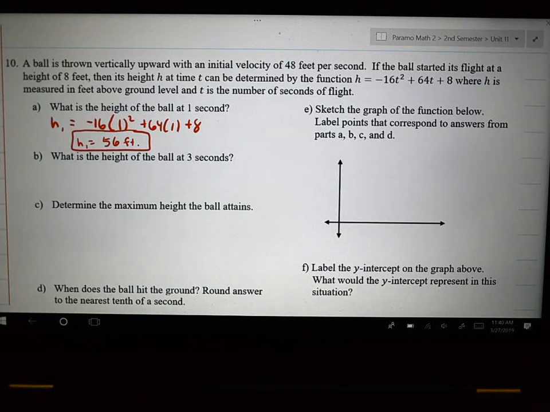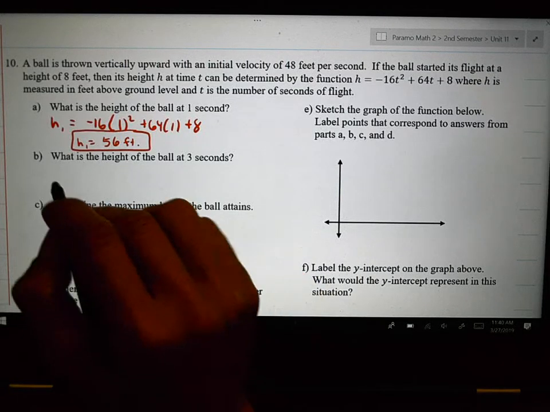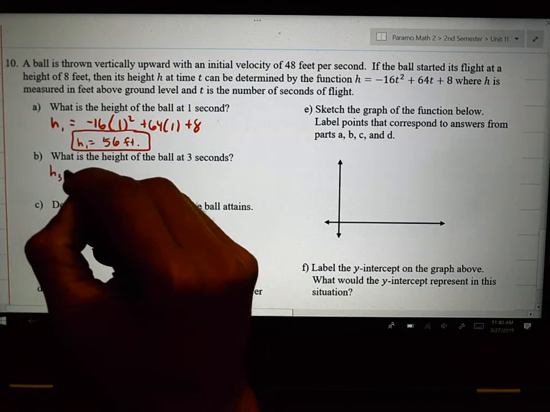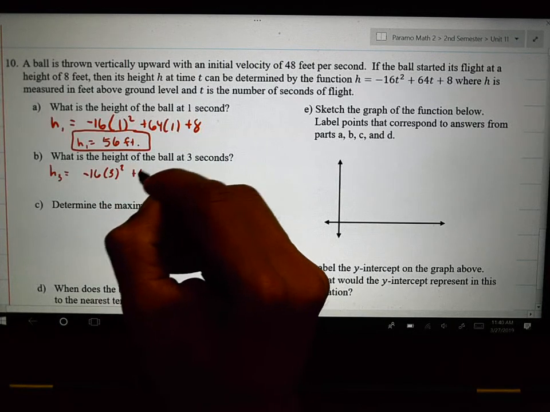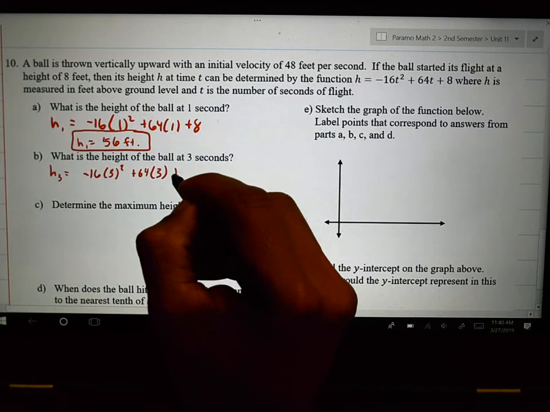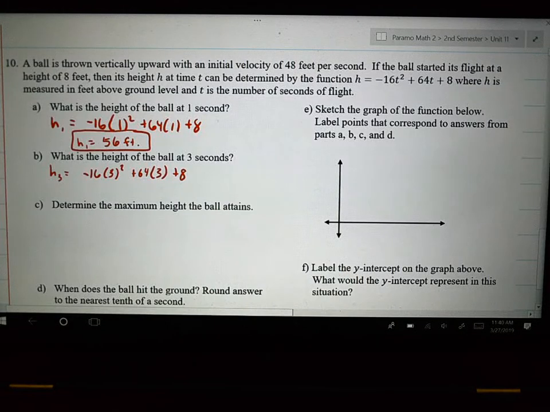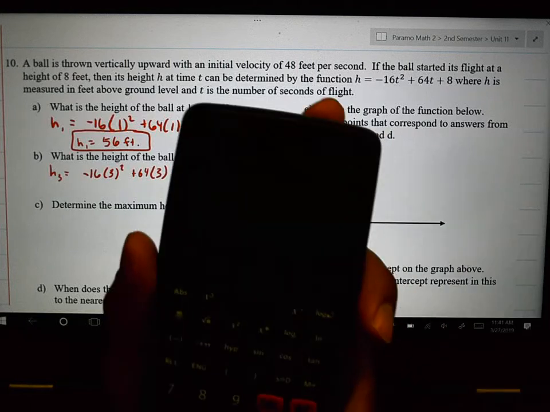The next question says, what's the height of the ball at 3 seconds? What do I do? Same thing. Same formula, except at 3 seconds, we plug in 3 seconds: negative 16 times 3 squared plus 64 times 3 plus 8. Well, I don't know what that is. Well, I'm going to plug it into my calculator.